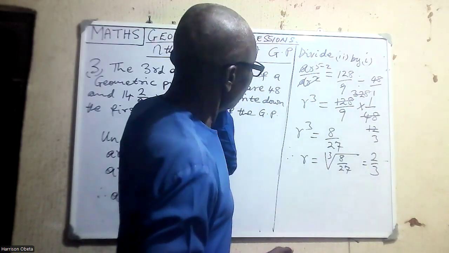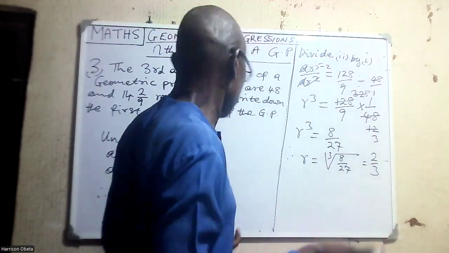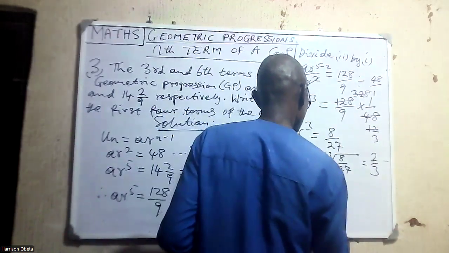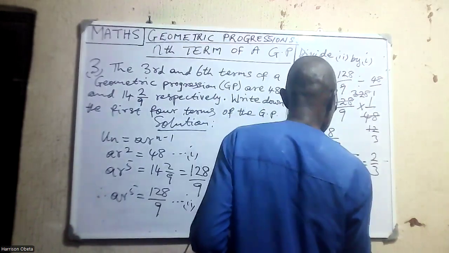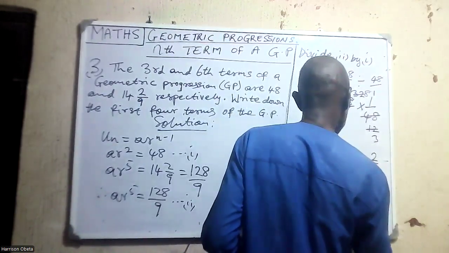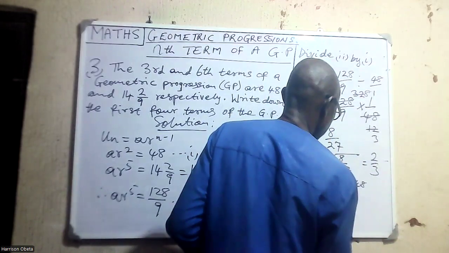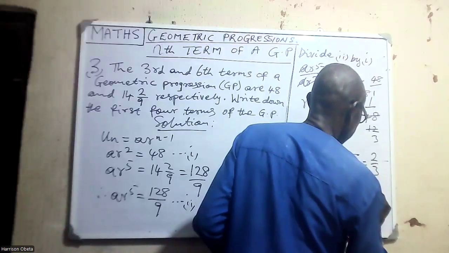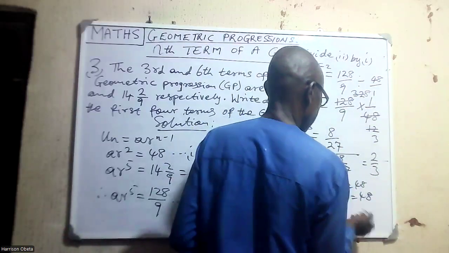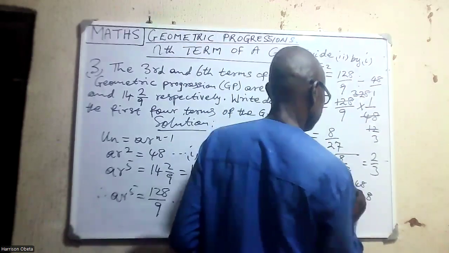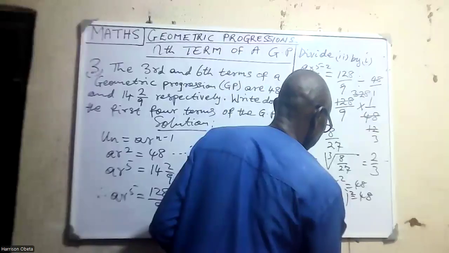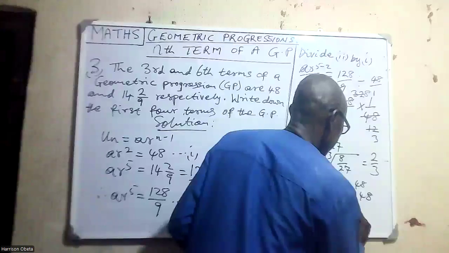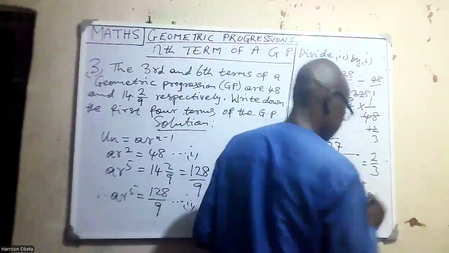Now, moving on, you go back to either equation 1 or 2 to find the value of A. So from 1, we know that AR squared is equal to 48. That means A bracket 2 over 3 squared is equal to 48. If you open the bracket, that will give us A times 4 over 9 equal to 48 over 1.